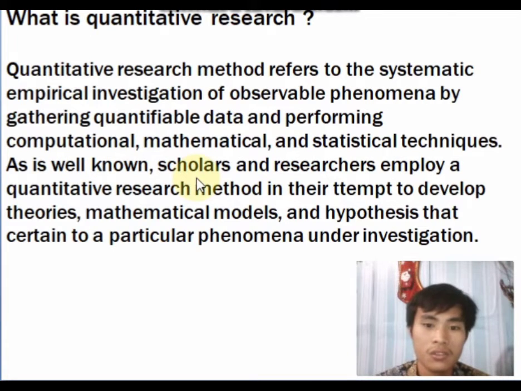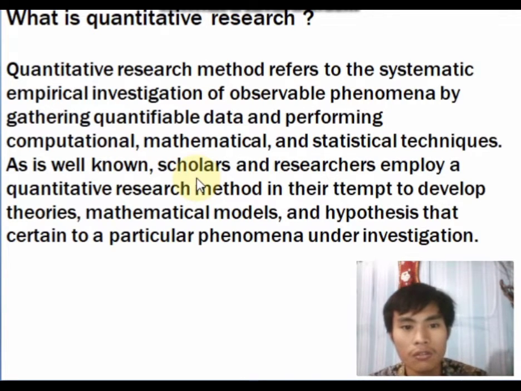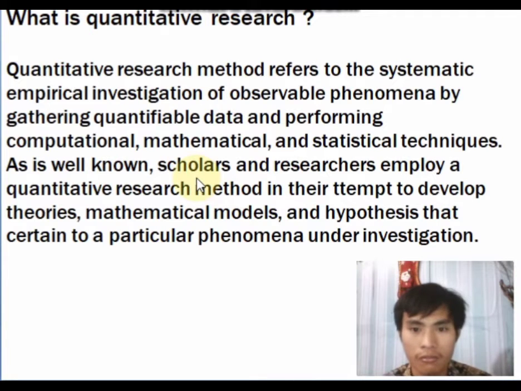Scholars and researchers employ a quantitative research method in their attempt to develop theories, mathematical models, and hypotheses that pertain to a particular phenomenon under investigation. This is very important: quantitative research refers to the systematic empirical investigation of observable phenomena by gathering quantifiable data.